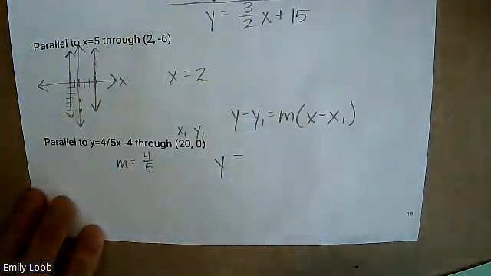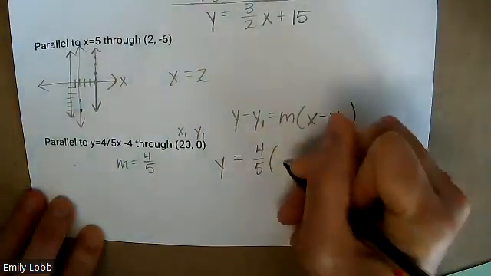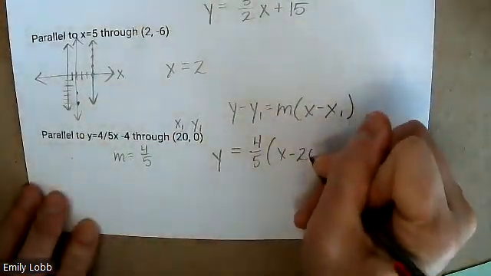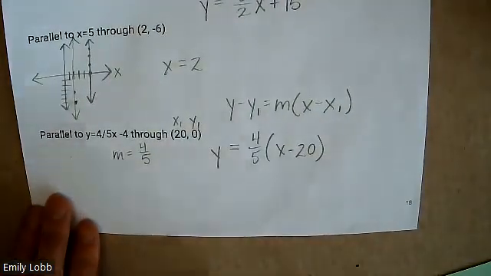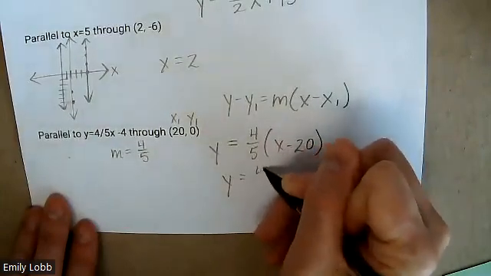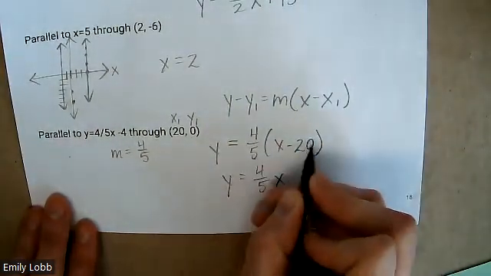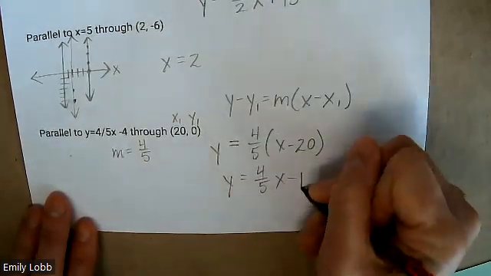Yes. My slope is 4/5. And then x minus my x1, which is 20. So minus 20. Now I simply have to distribute. Y is equal to 4/5 x. So divide by what's below. So I've got -4 times 4 is -16.